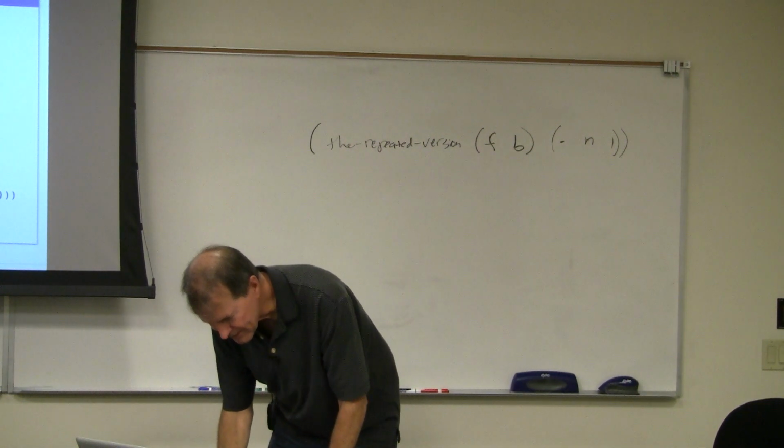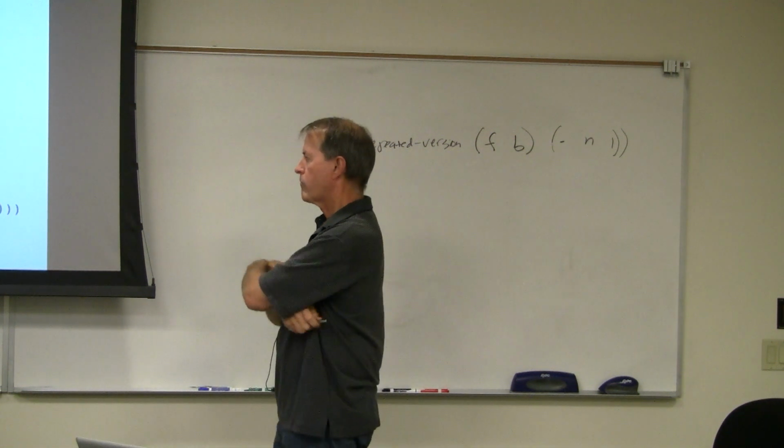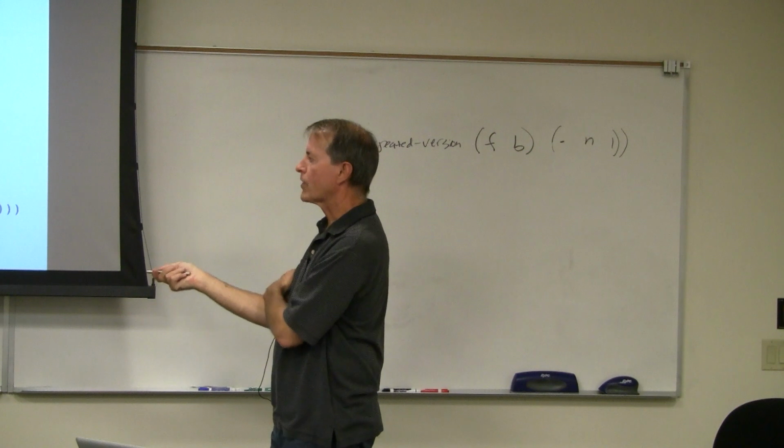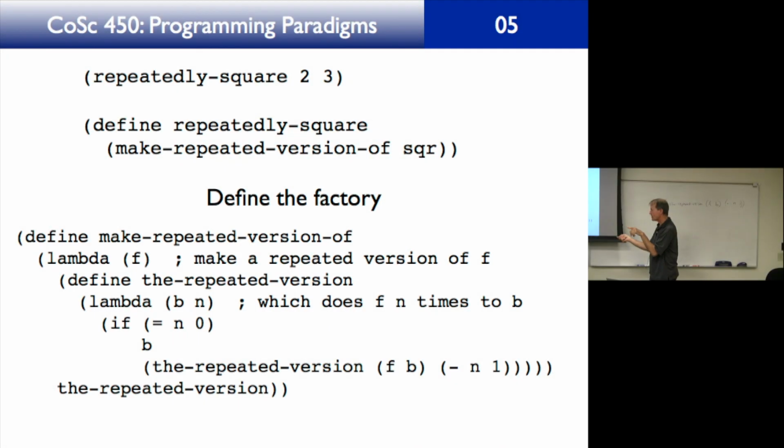Oh, question? That's all right. I was confused with, like, once it calls the repeated version at the end, how does that... Hold on. Sorry for interrupting. Let me interrupt you right there. When you said it calls the repeated version right here, let's be clear. It's not calling the repeated version here. It's returning the repeated version here.